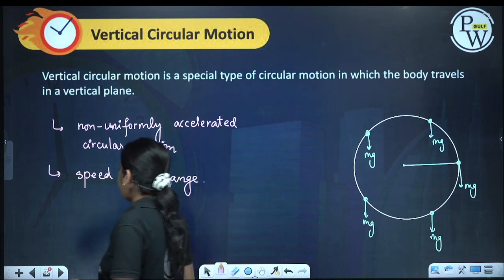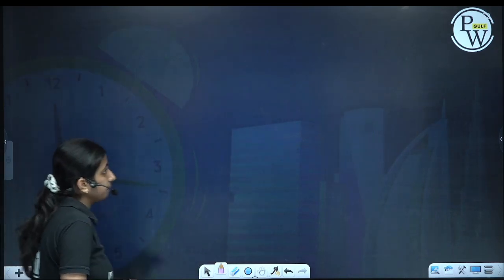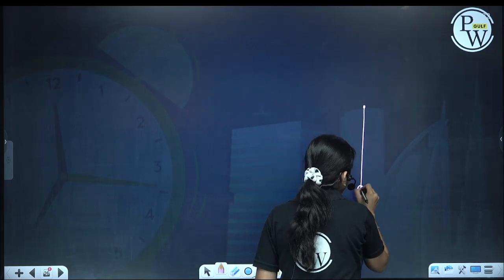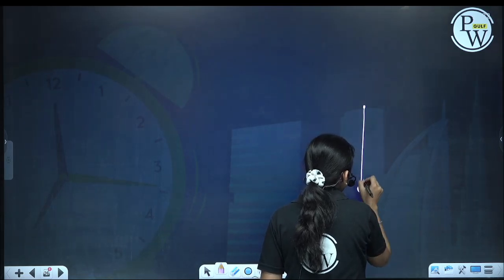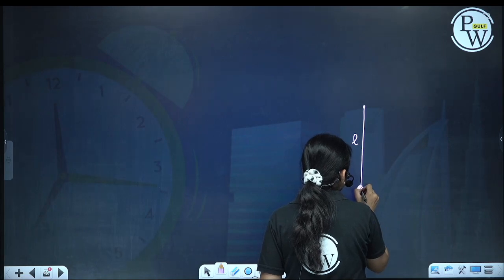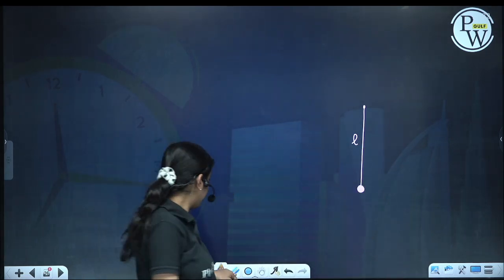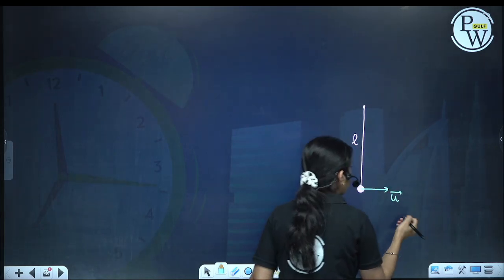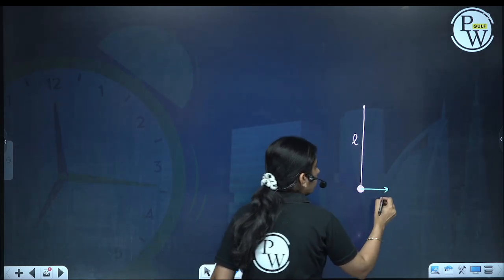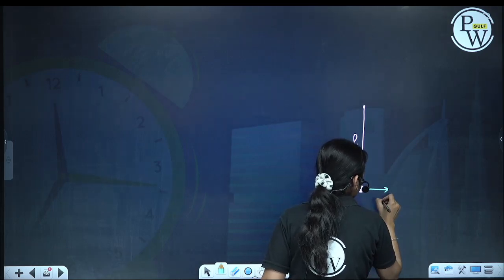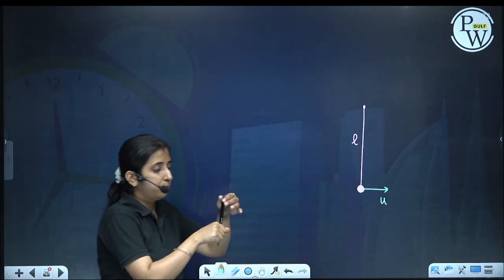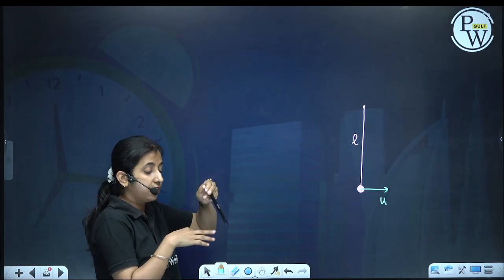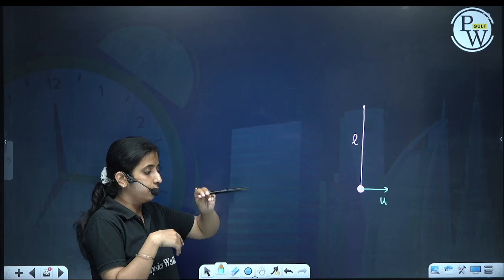Now let us see what will happen. If we tie a bob to a string of length L and we impart some velocity u to it, that is, the bob was tied and we hit it so that we give an initial velocity to the particle, what will happen?